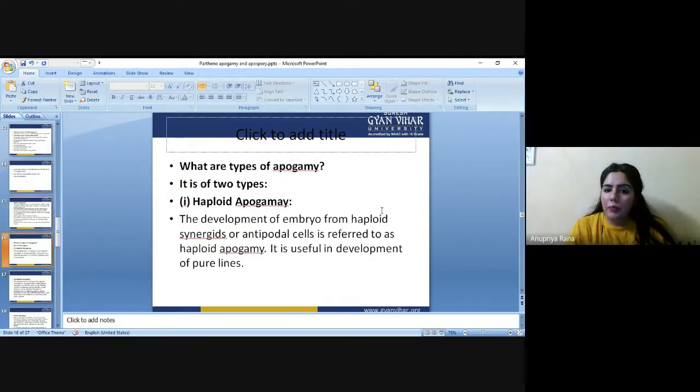The types are the same as parthenogenesis. There are two types: haploid and diploid. If the embryo develops from a haploid synergid or antipodal cell, it is referred to as haploid apogamy, and it is also very useful in generating pure lines. The second one is the diploid type.